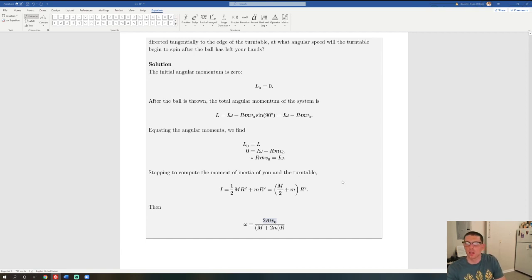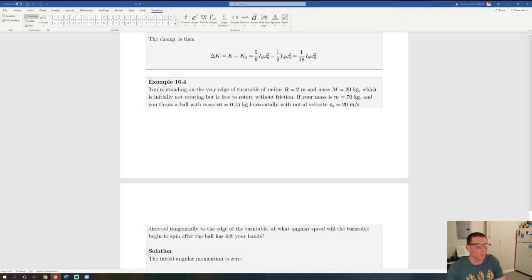Okay, so let's get a number for this and then we will conclude for today. What did I say? I said the mass of the ball was 0.15 kilograms. The speed is 20 meters per second. Your mass is 70 kilograms. The mass of the turntable is 20 kilograms, and I think that's all we need. We don't need g.